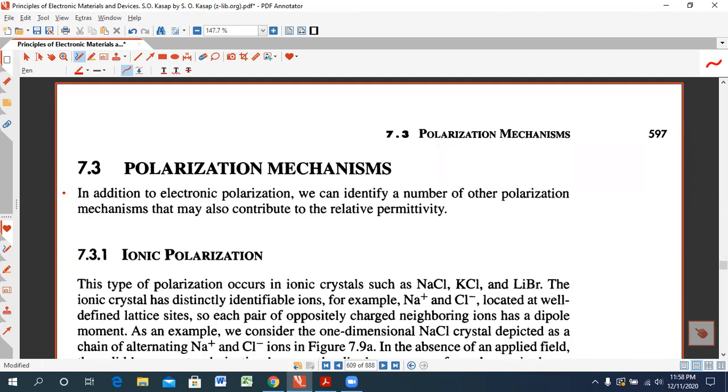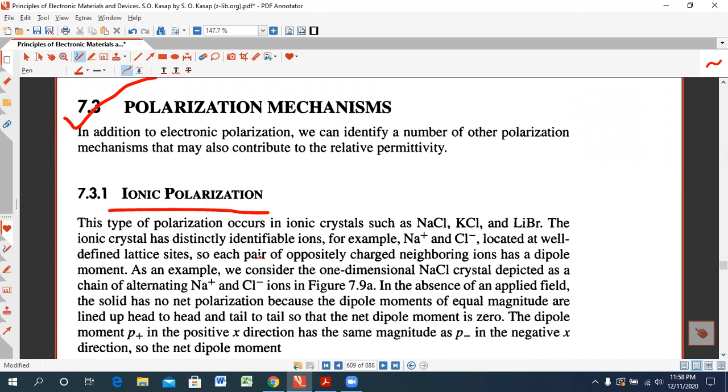Now, in article number 7.3, the polarization mechanisms. First of all, that is the ionic polarization. So what is called an ionic bond? In an ionic bond, one will be a donor atom and another will be an acceptor atom.